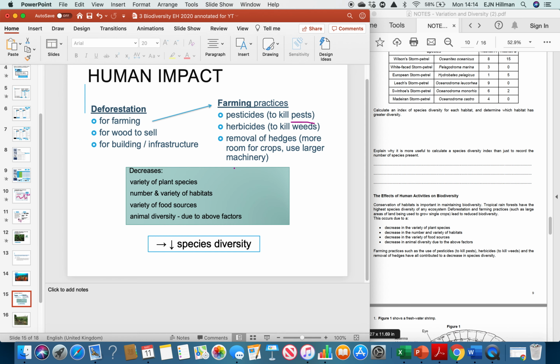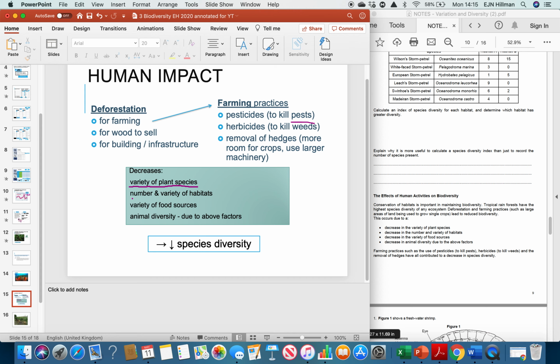Okay, so deforestation might also be for selling wood or for building infrastructure, building roads, for expansion of conurbations, expansion of towns, etc. All of these things, all of these human impacts have the same effect. So you must say in your responses that there is a decrease in the variety of plant species.